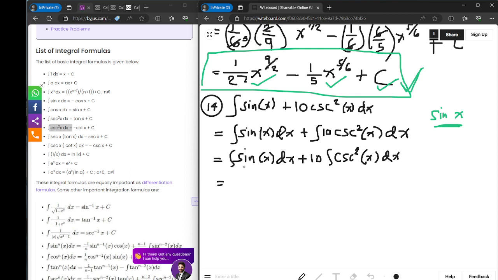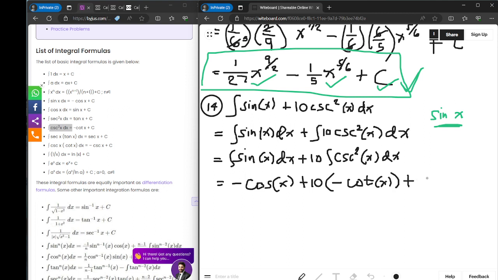Then, what is the integral of sine? That is negative cosine of x, plus 10 times the integral of cosecant squared, which is negative cotangent of x.